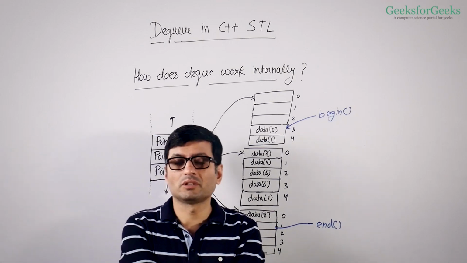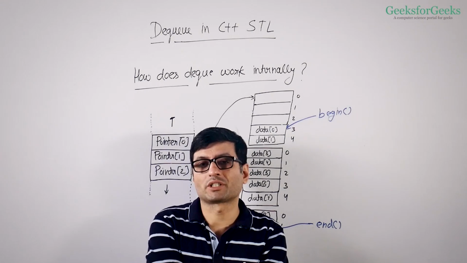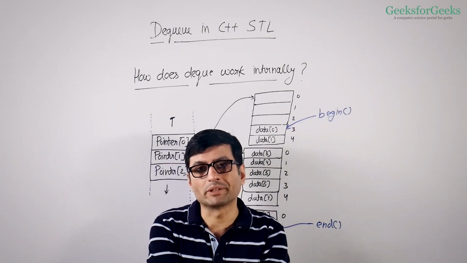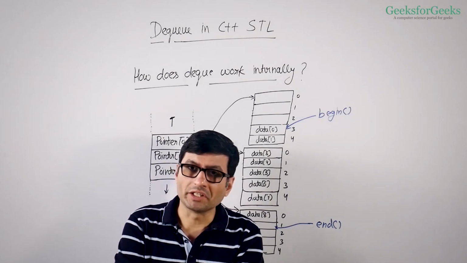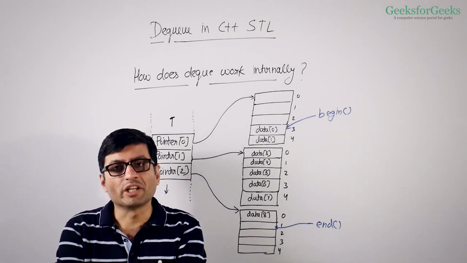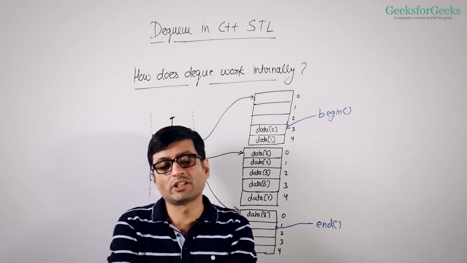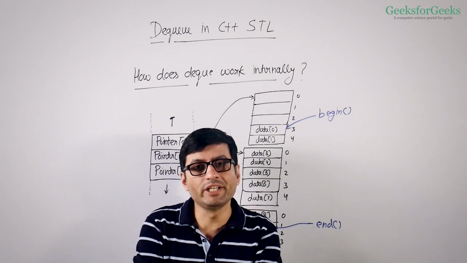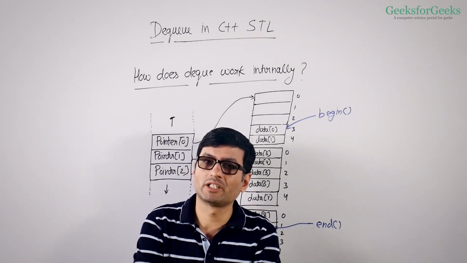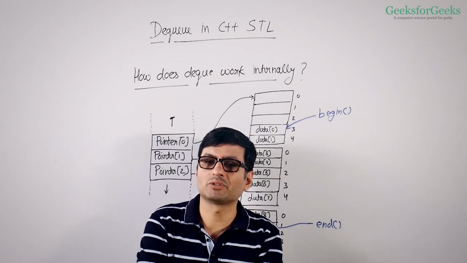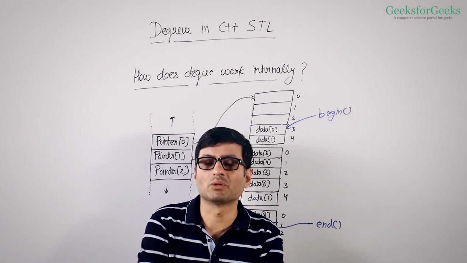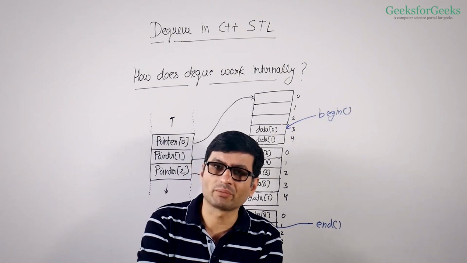And DQs in C++ also expect random access to be big O of 1. So you can use a circular array. With a circular array, you can insert at front, delete from front, insert at back and delete from back. You can do all these operations in big O of 1 time. Also you have random access.